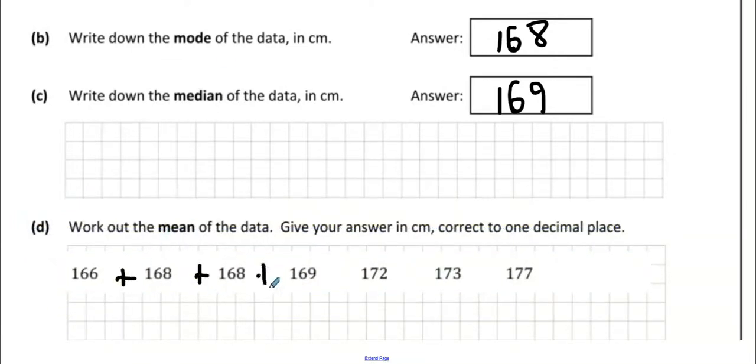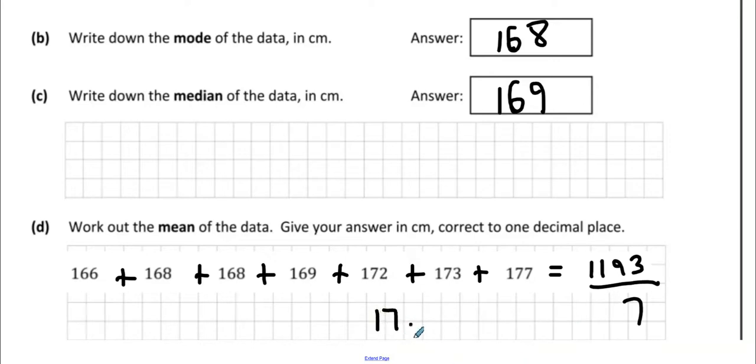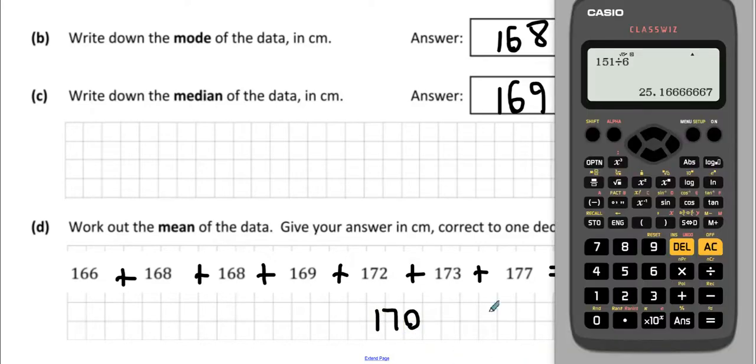Like so. What do you get when you add them all together? 1193. Okay. We're going to divide that 1193 by how many numbers? 1193 divided by 7, anybody? Give me a second.